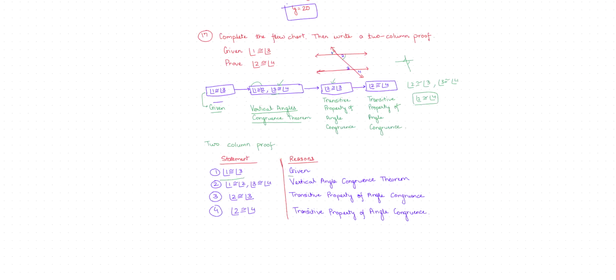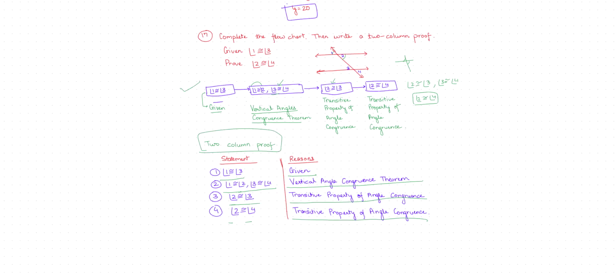Then angle 1 is congruent to angle 2, and angle 3 is congruent to angle 4, by vertical angle congruence theorem. And then angle 2 is congruent to angle 3 by transitive property of angle congruence. And then angle 2 is congruent to angle 4 by transitive property of angle congruence. So this is a two-column proof and this is a flow chart.